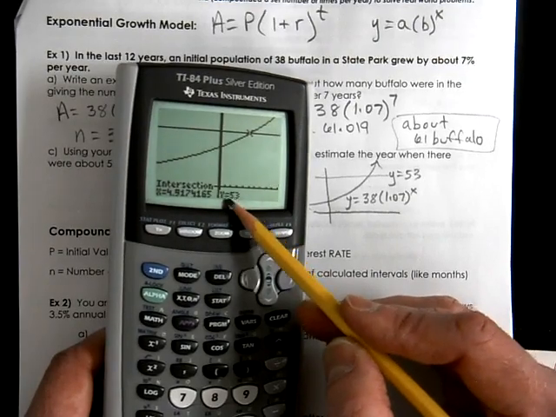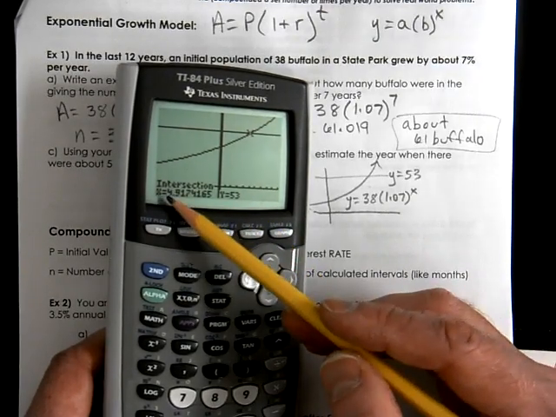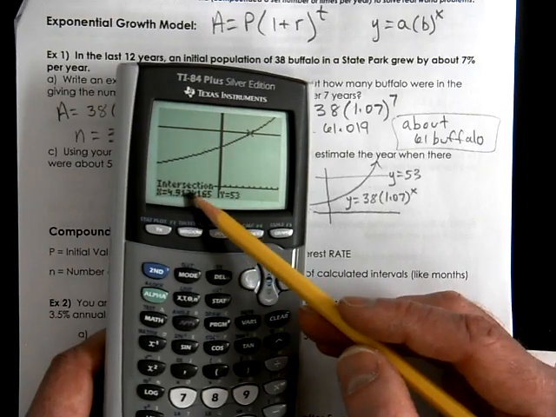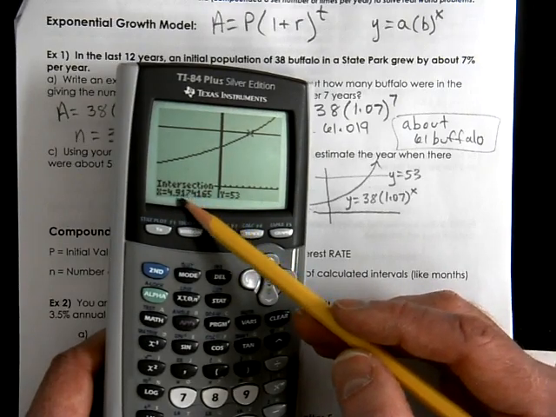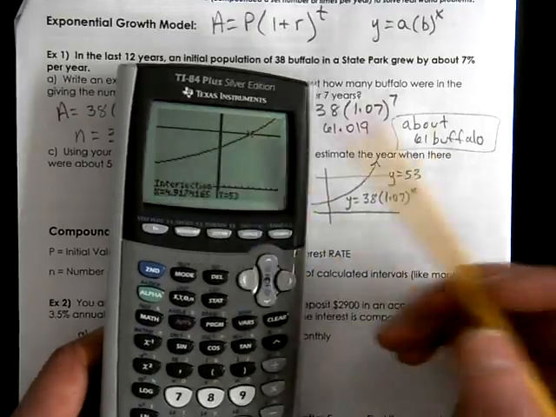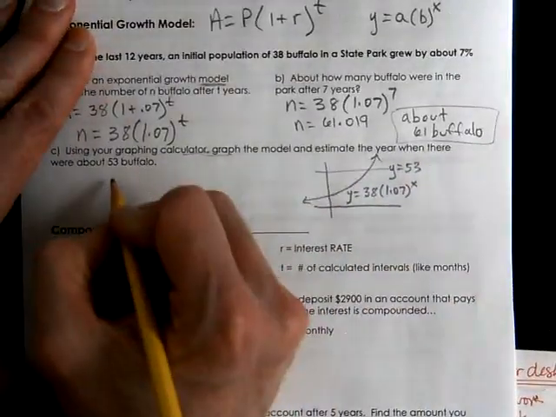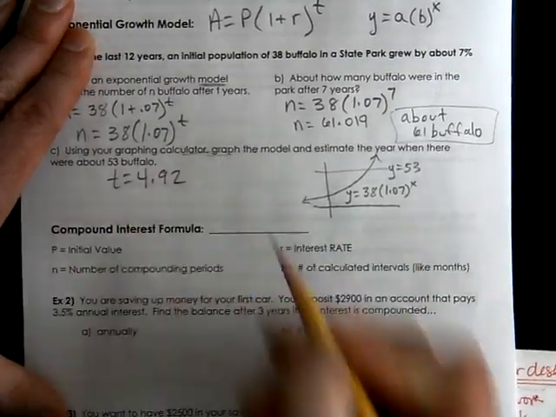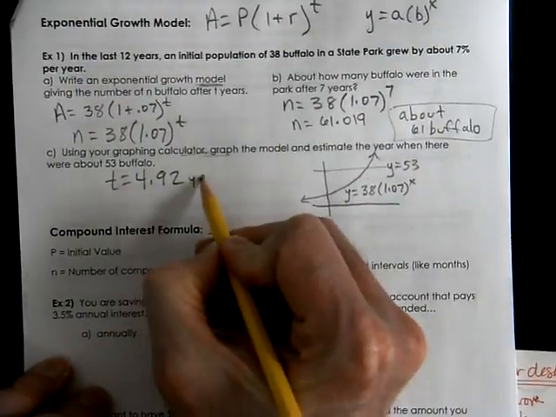So you'll see that we get 53 when the x value is 4.92 if we round. Only round your final answer, so 4.92. So those would be years.